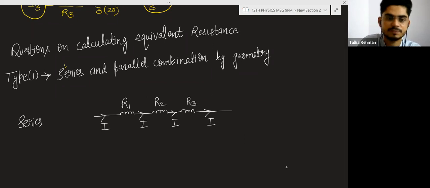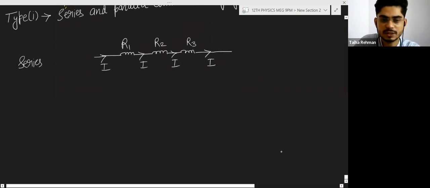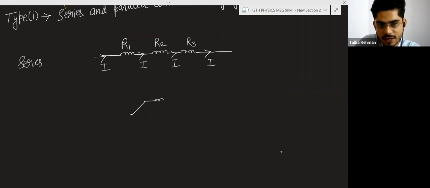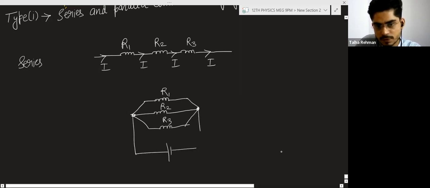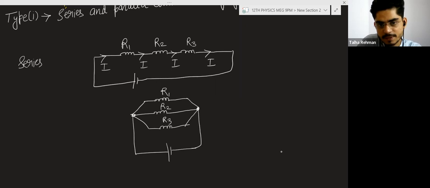Earlier we have discussed, if two or three resistances are connected end to end, means one end of this resistance is connected here, another end is connected here, and this is also connected with the battery, then this kind of combination is called parallel combination.